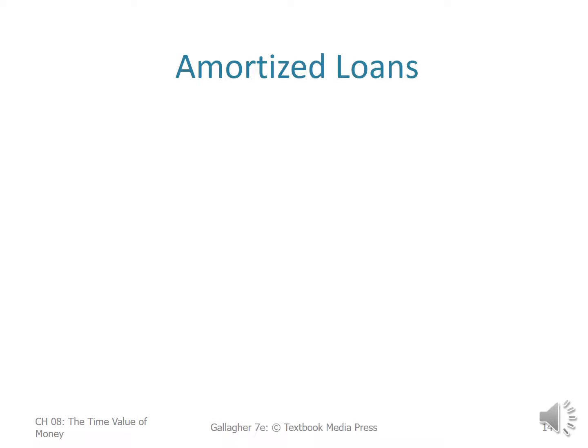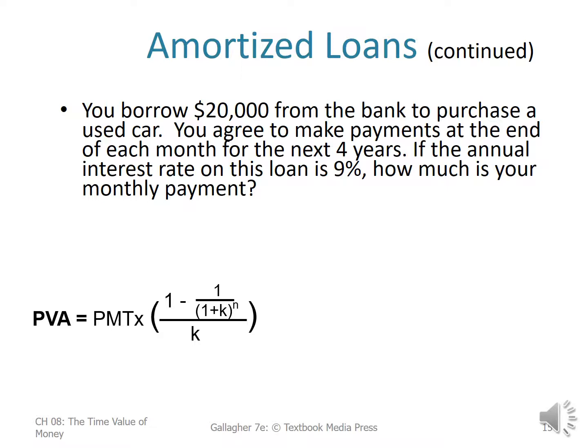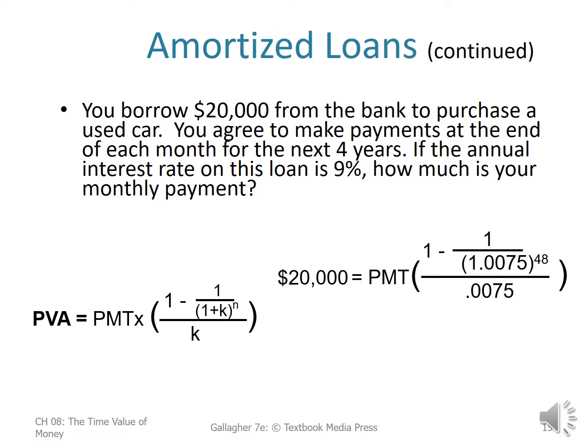Amortized loans. A loan that is paid off in equal amounts that include principal as well as interest. You can solve for the loan payment. For example, you borrow 20,000 from the bank to purchase a used car.